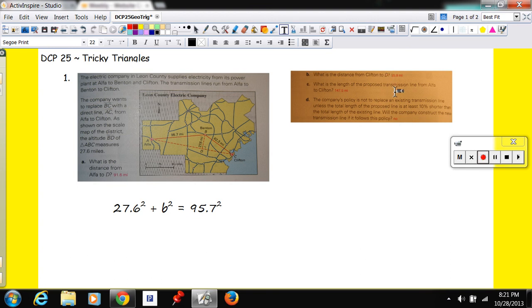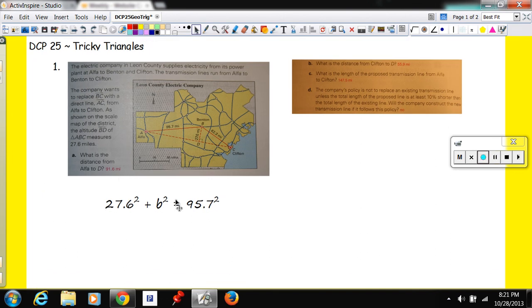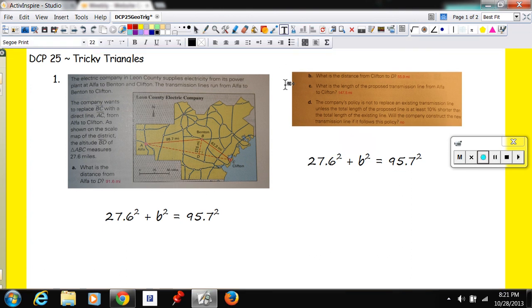Now letter B says, what is the distance from Clifton to point D? So from here to here, you are going to use this exact same formula, except the numbers are going to change a little.